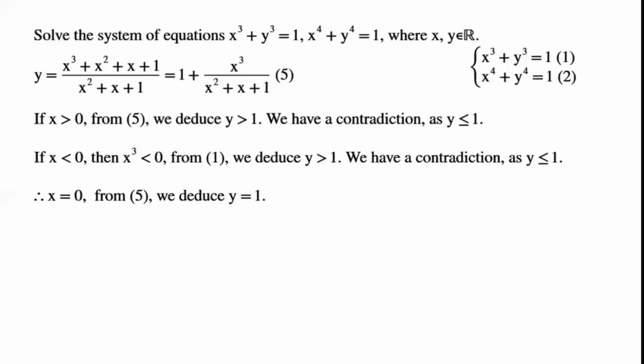From equation 5, we can deduce that y equals 1. In summary, (x, y) equals (1, 0) and (0, 1) are the only sets of solutions of the equations.